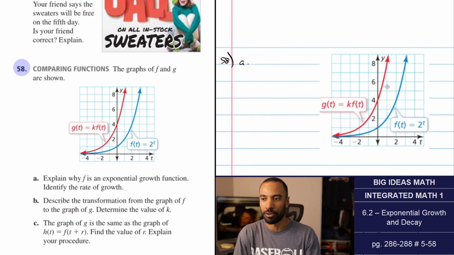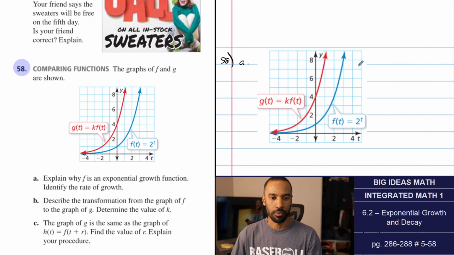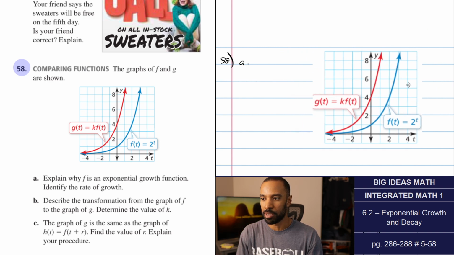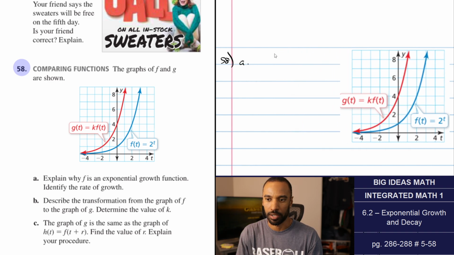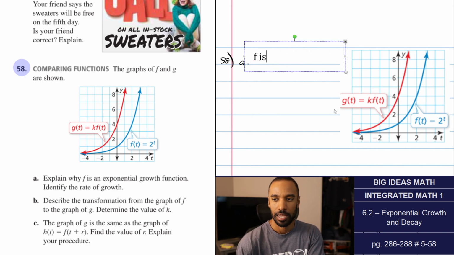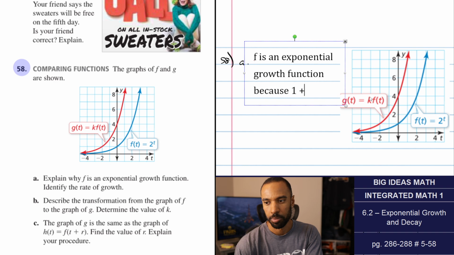Well, first of all, I don't know if I need the graph itself to answer the question. It says right there the rate of growth. f is exponential growth because the b value, 2, is more than 1. Whether we're seeing it as a 1 plus r or whatever you want to say, f is an exponential growth function because 1 plus r is more than 1.